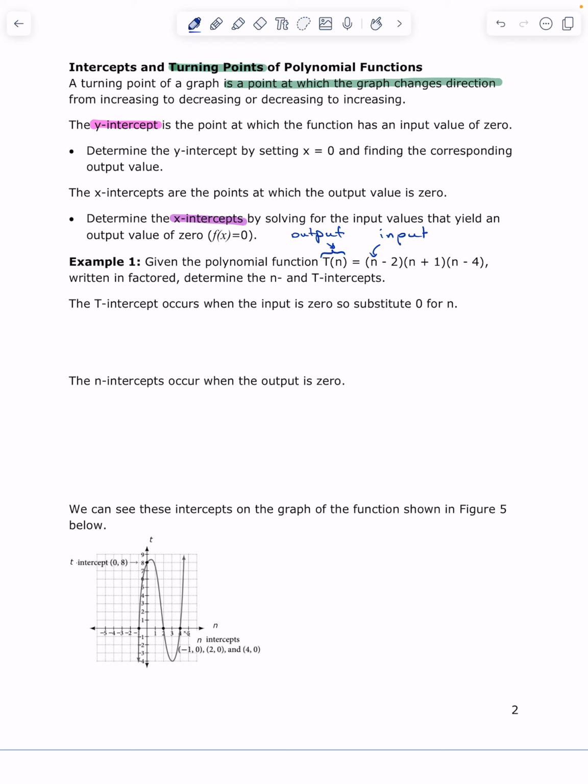That occurs when the input is 0. So basically, we're looking for our vertical intercept, our y-intercept. And just so we're mathematically precise, I'm writing this as t of 0. What do I get when I plug in 0?